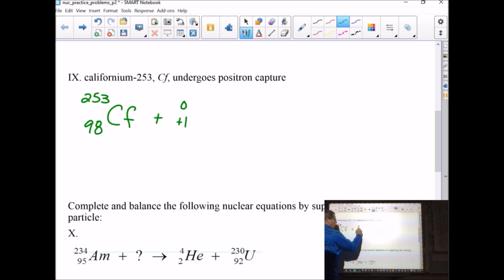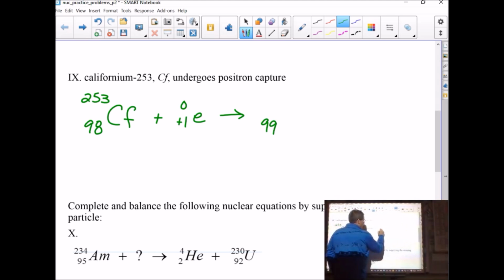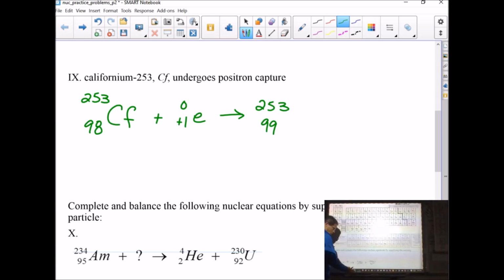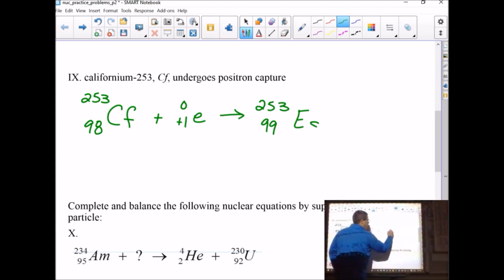Good. So it's a positively charged electron. And what are we going to have on the right-hand side? 99 and 253. And you said ES? Double check that. 99. So Einsteinium, good. Isn't that fun?